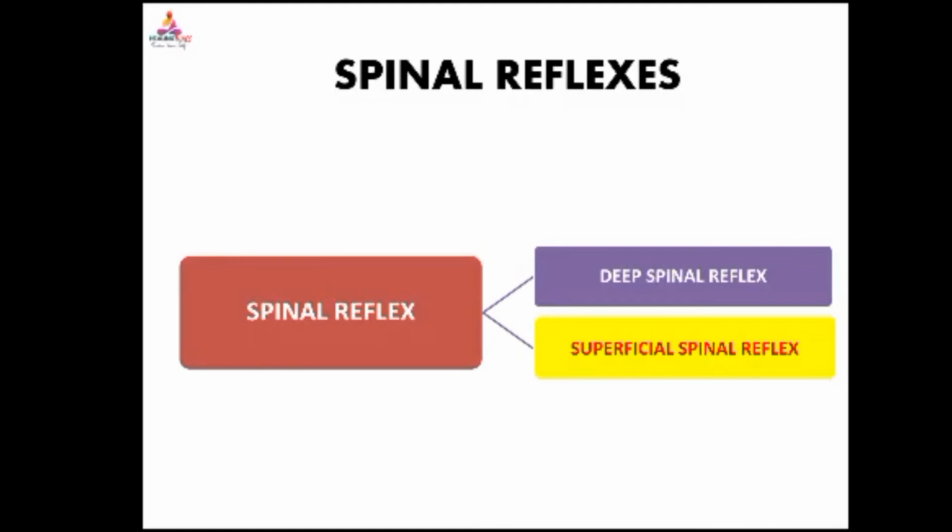Its response is contraction of the underlying muscles, sometimes pulling the umbilicus towards the stimulus. Next reflex is the anal reflex or perineal reflex. Its spinal segments are S2, S3 and S4. By stroking the perineal skin, the response is contraction of the external anal sphincter.